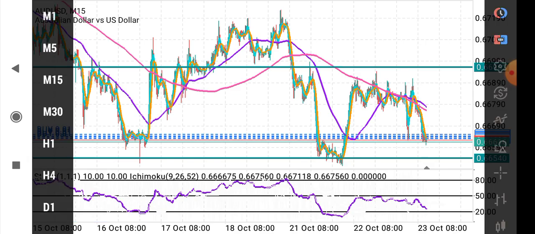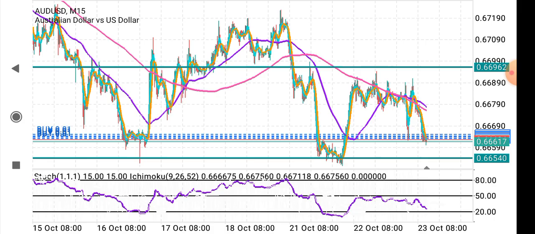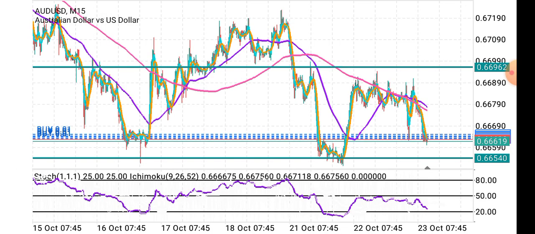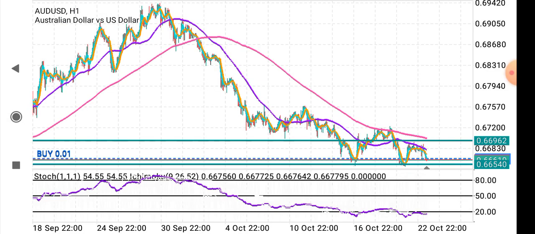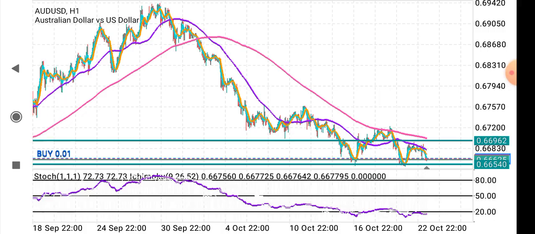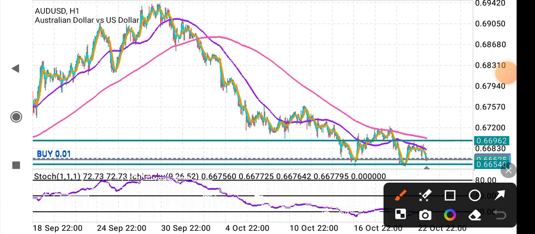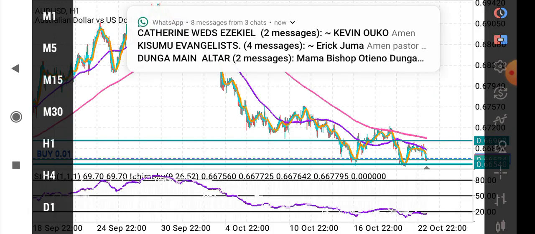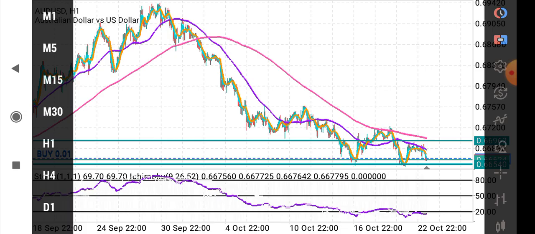So let us go back to the settings. So in the main chart, let me go back. So this is MetaTrader 5. On MetaTrader 5, what you do, we have this sign.